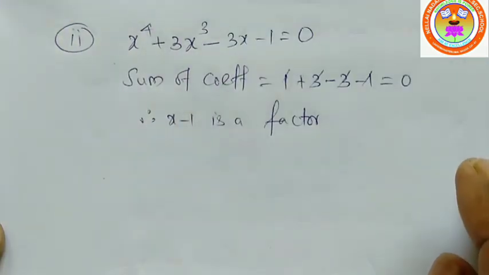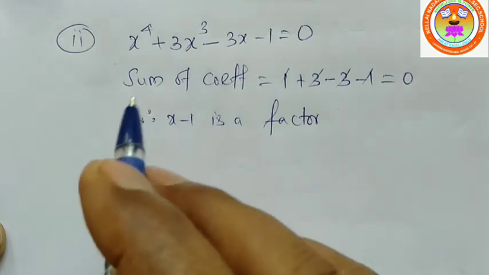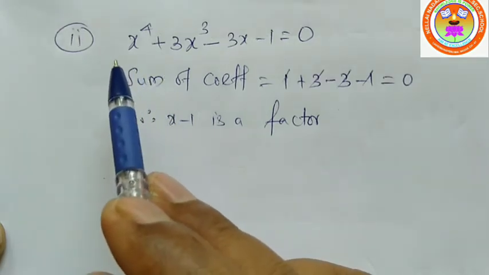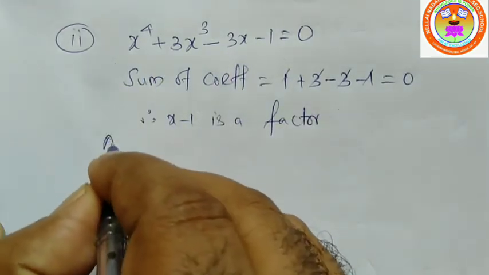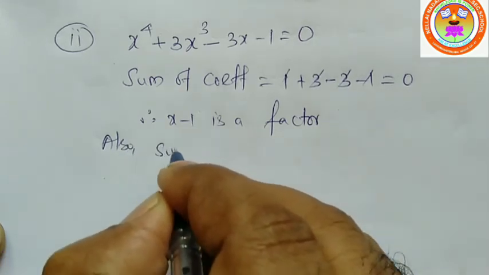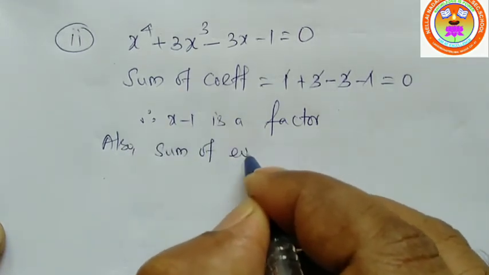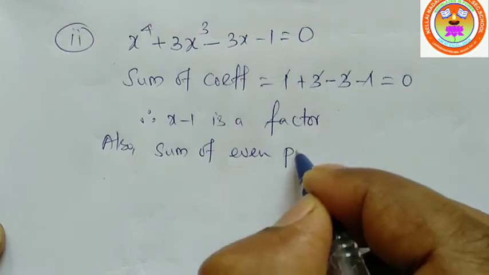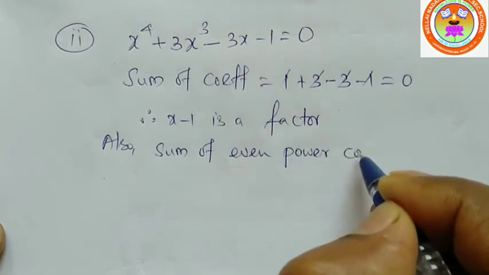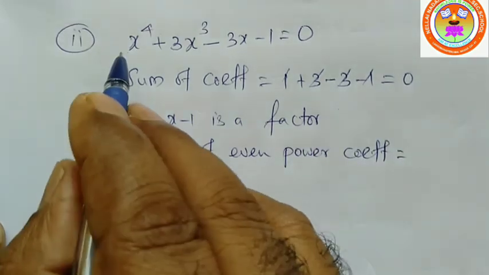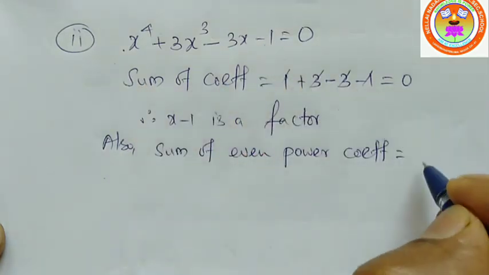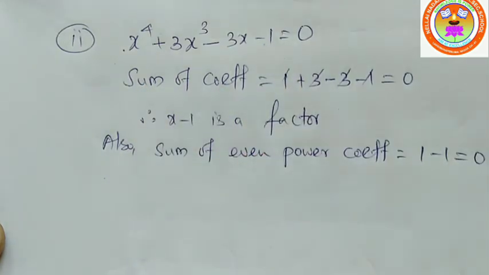Similarly, see the sum of even power coefficients, that is 1 and minus 1, that is 0.